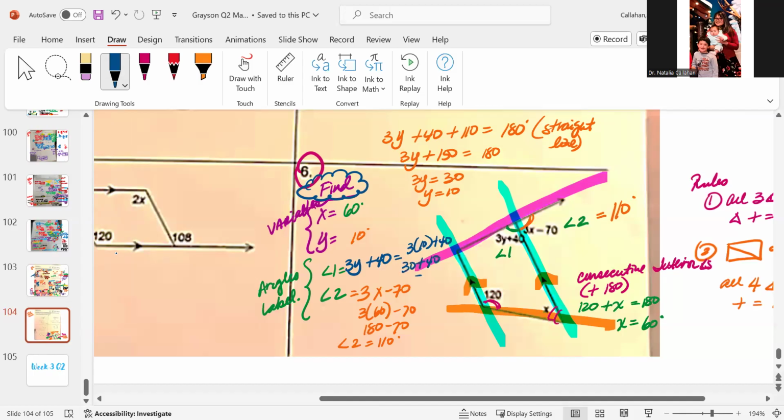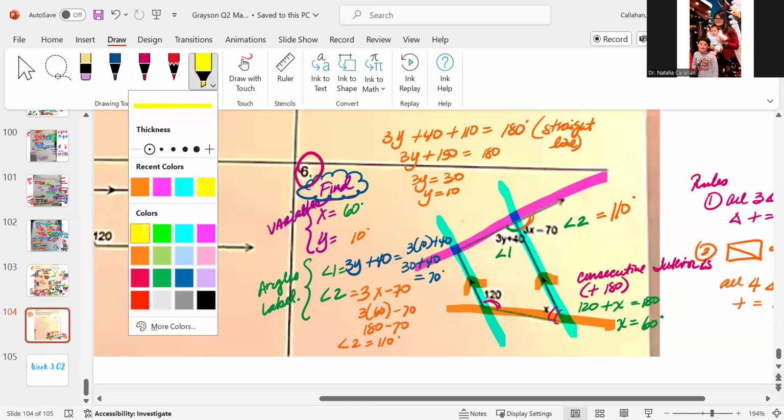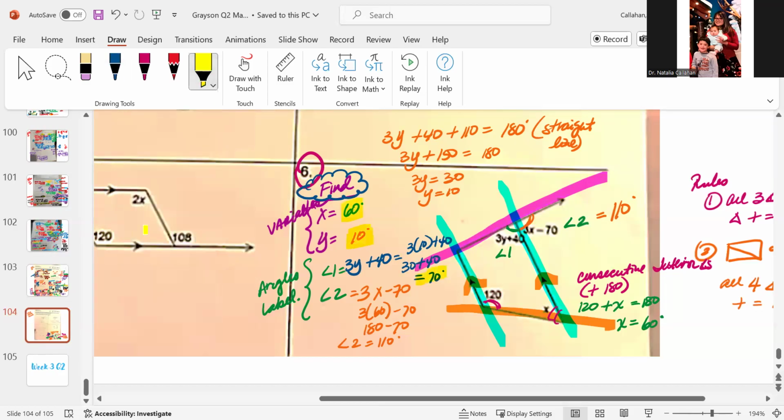So what's your answer? 50. 3 times 10 plus 40 is not 50. Try again. Little mistakes, but remember, you can't make those mistakes on the test. 70. Good.